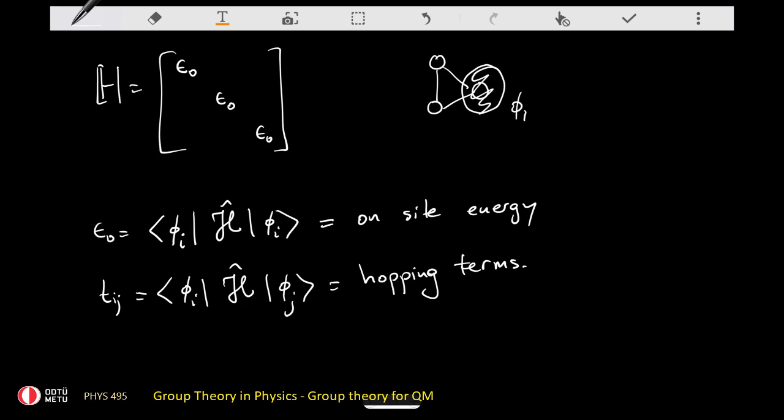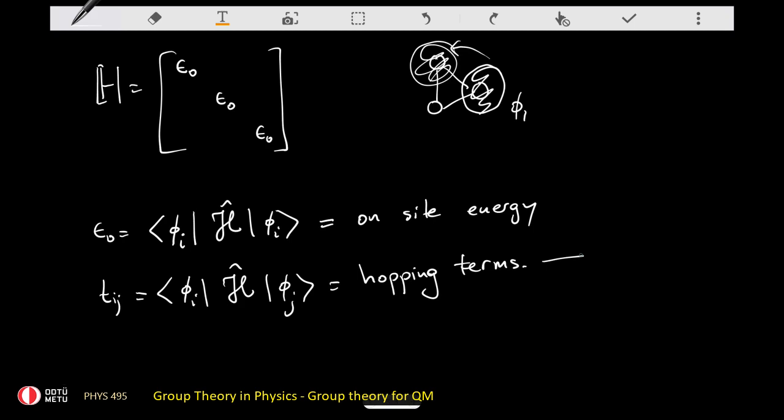In that case, of course, with time, the wave function is going to change. So with the help of these terms, this electron is going to hop to the neighboring sites. As a result, in this time-dependent scenario, these terms are responsible for this hopping, the moving phenomenon.